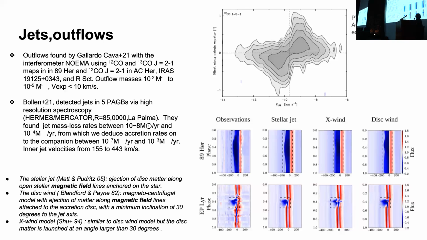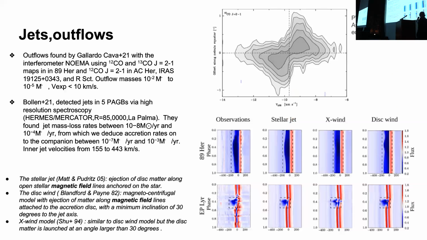Then you have a more recent work by Bollen et al. in 21, where they detected jets in the optical, using high resolution spectroscopy with the Mercator. The resolution was 85,000. And here you can see their observations and different models of jets: stellar jets, X-wind, and disk-wind.